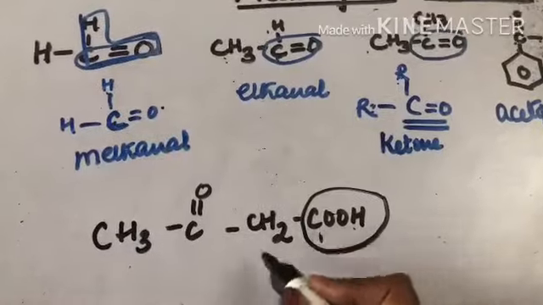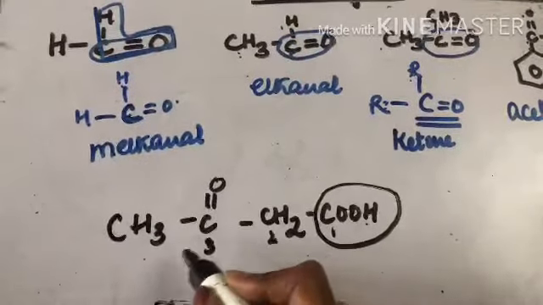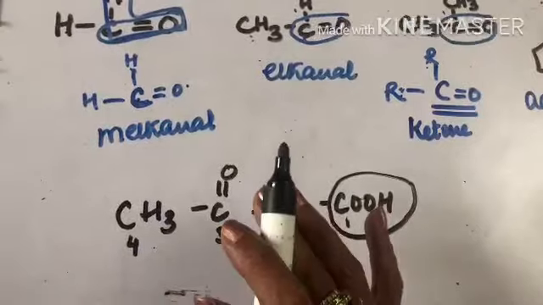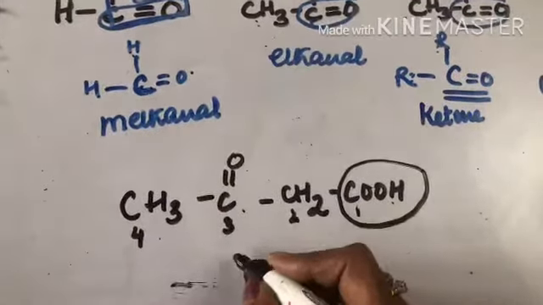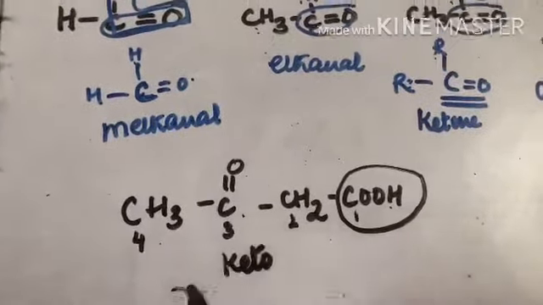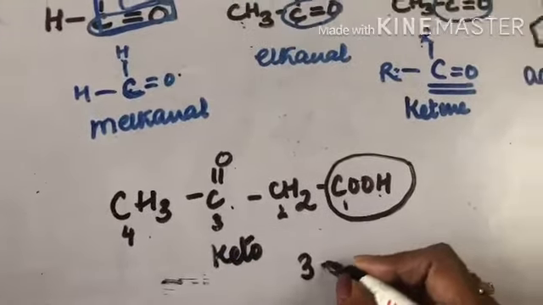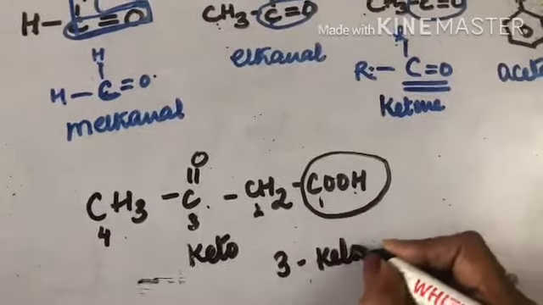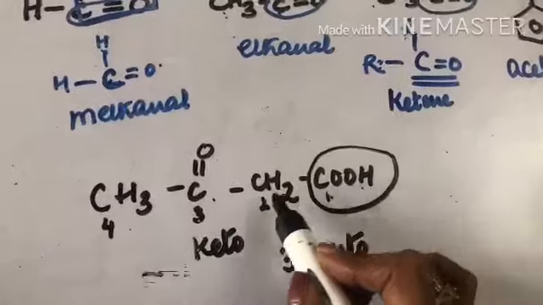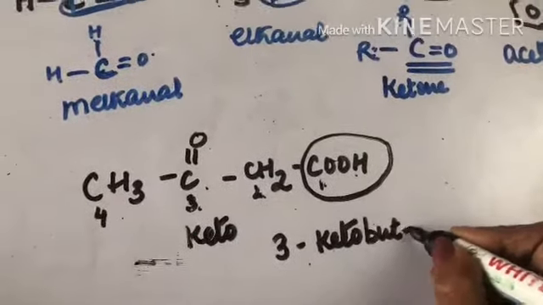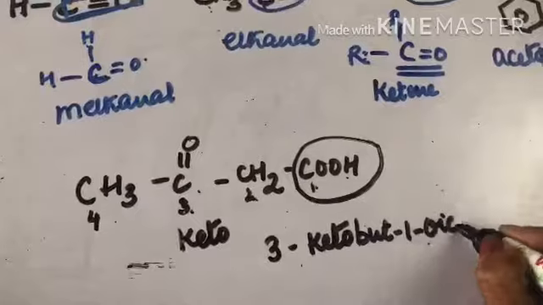So I'll have to count from here 1, 2, 3 and 4. And this CO now is not called one, but it will be known as keto. So at place 3 is the keto group. I'll call it 3-keto, which will be the prefix. The 1, 2, 3, 4 carbon atoms become but and 1-oic acid.